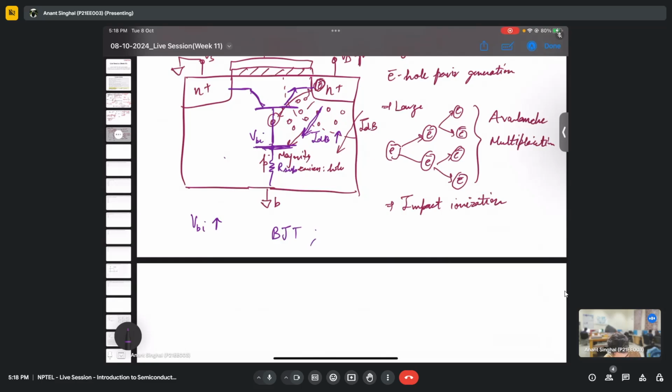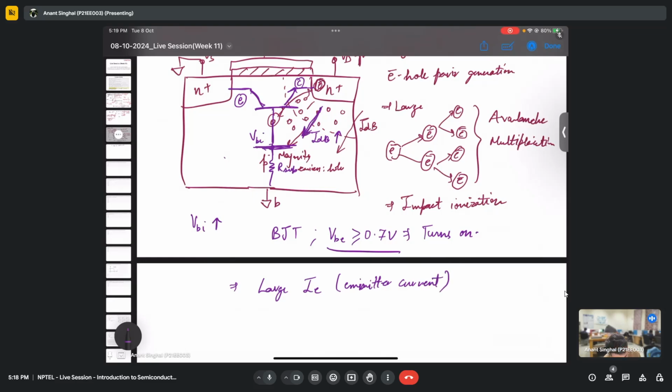In a BJT, the condition is that if this VBI is greater than or equal to 0.7 volts, it turns on. By turning on, I mean, let's say this is the emitter of the BJT, this is the collector, so we have a large IE, a large emitter current. Once we achieve this, this VB becomes greater than 0.7.